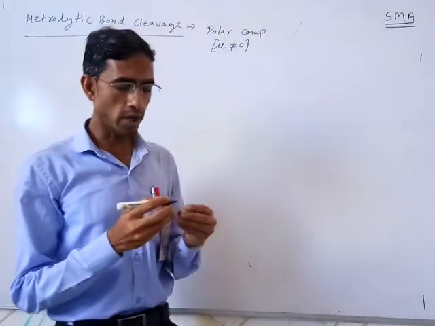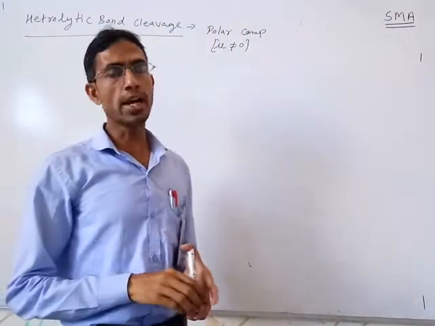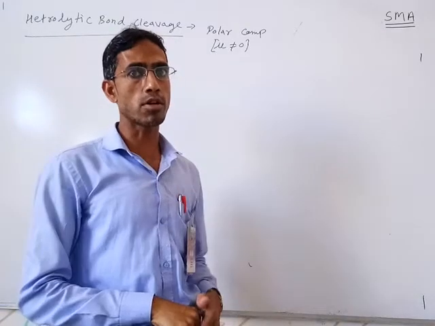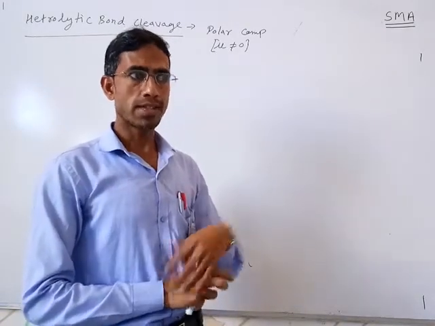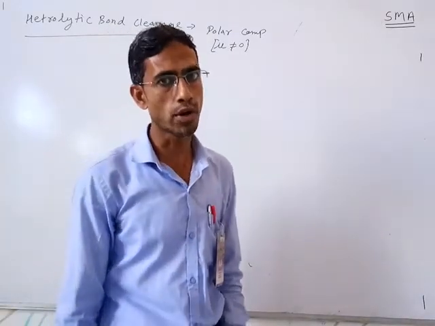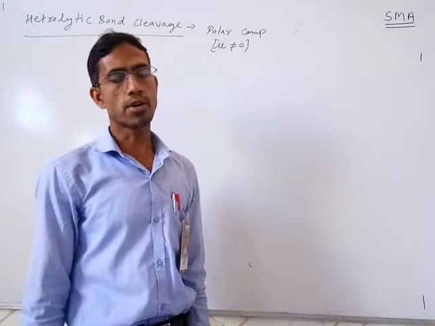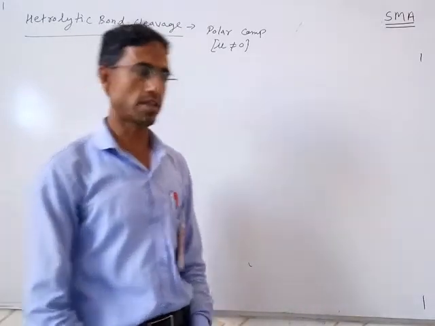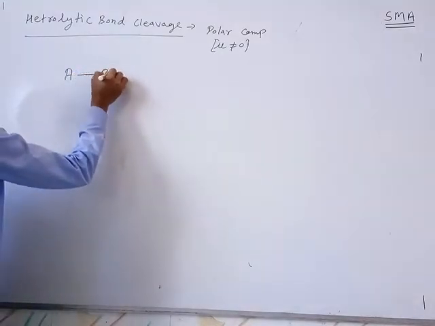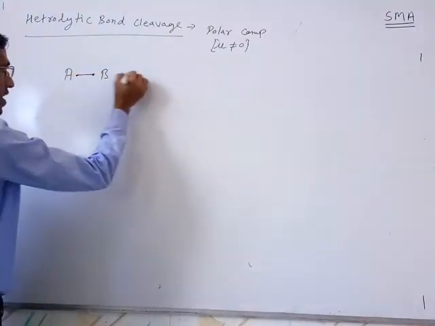A covalent bond is formed by two electrons. If any atom or group attracts both electrons of a covalent bond, then this type of bond cleavage is known as heterolytic bond fission.